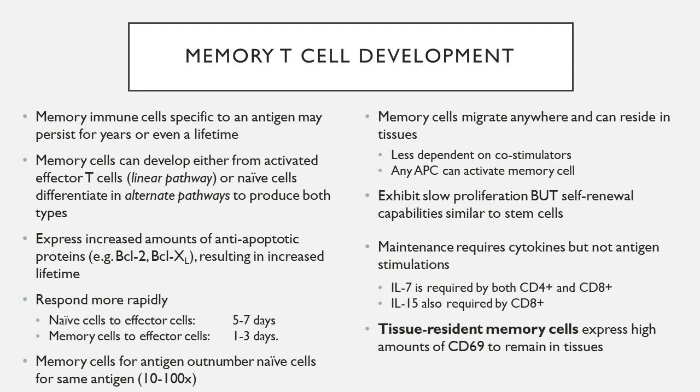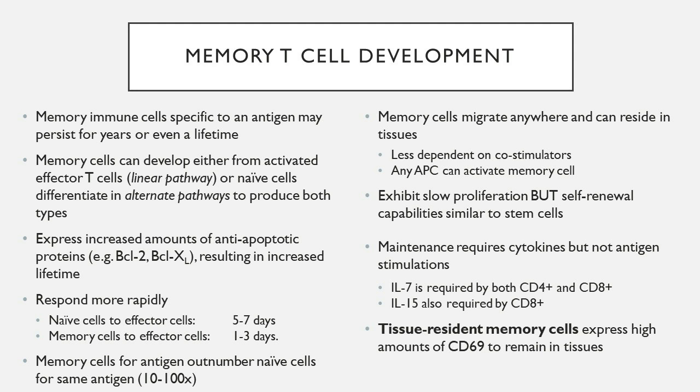Memory T cells can also be developed through different pathways, right? There's what's called the linear pathway, where naive cells become effector cells, they finish their job, and then they turn into memory T cells instead of dying off. And then there are also alternative pathways where naive cells become activated, and during the expansion process, both effector cells and memory cells are produced concurrently.